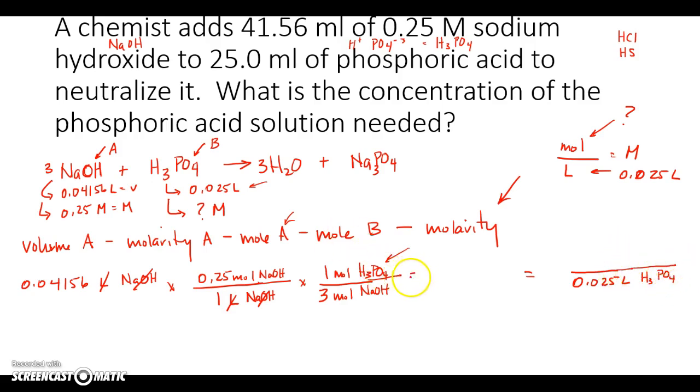And when I do my calculations, it works out to be that I have 0.0035 moles of H3PO4.